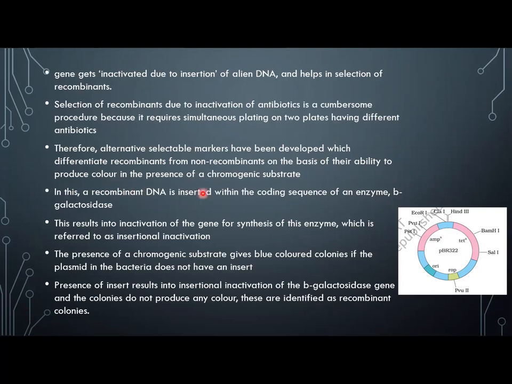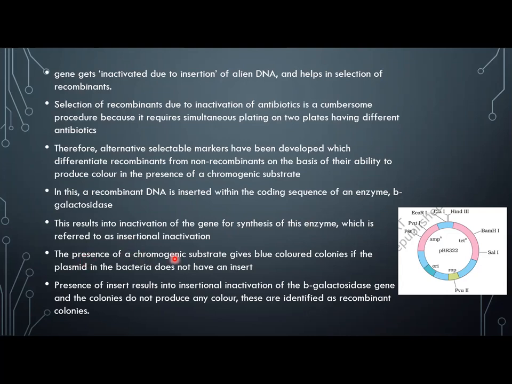In this, the alien DNA is inserted within the coding sequence of an enzyme, beta galactosidase. This results in inactivation of the gene for synthesis of this enzyme, which is referred to as insertional inactivation.